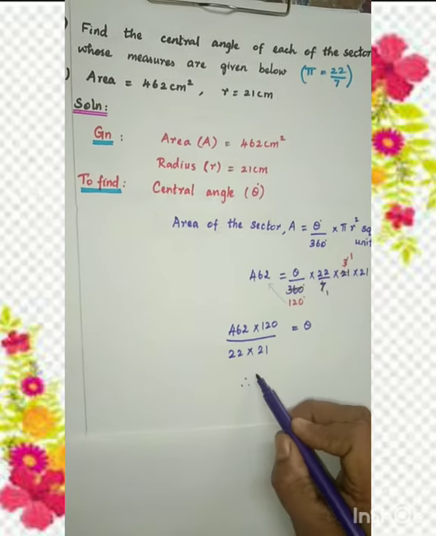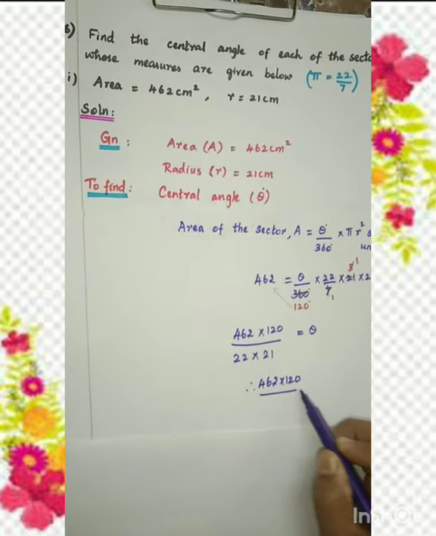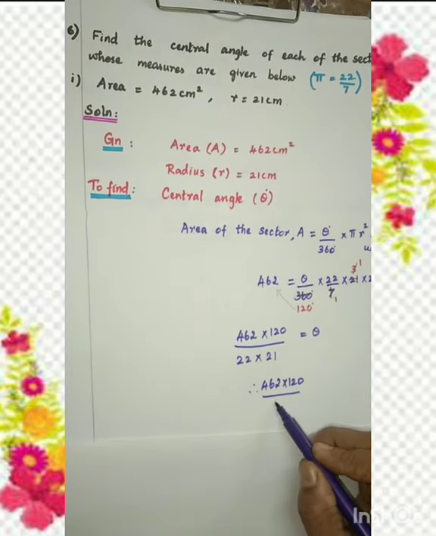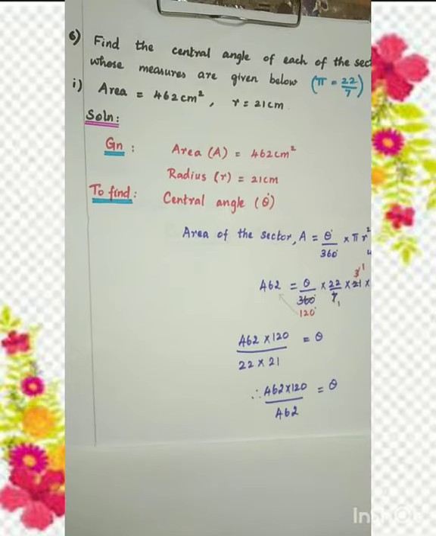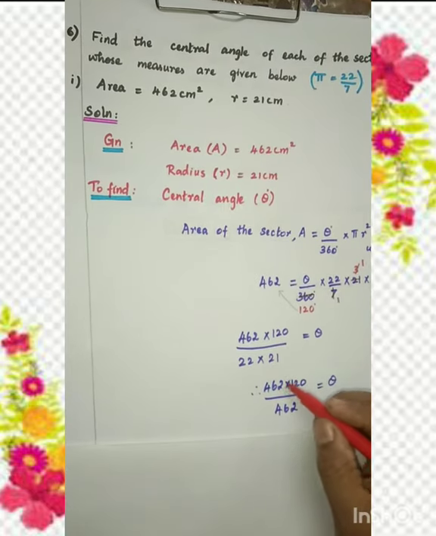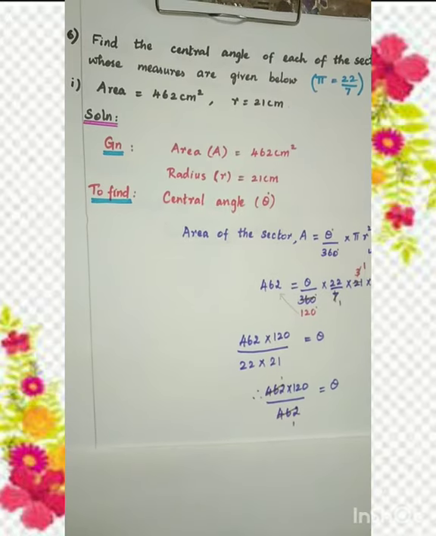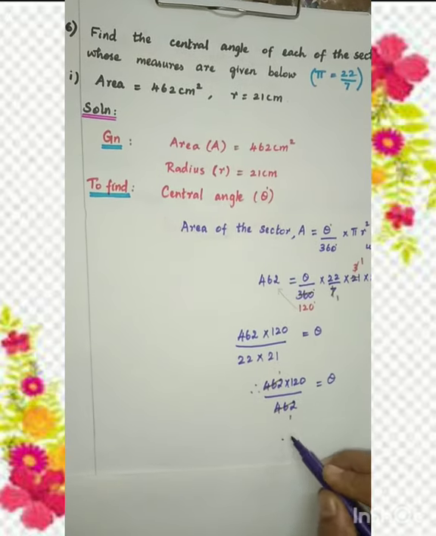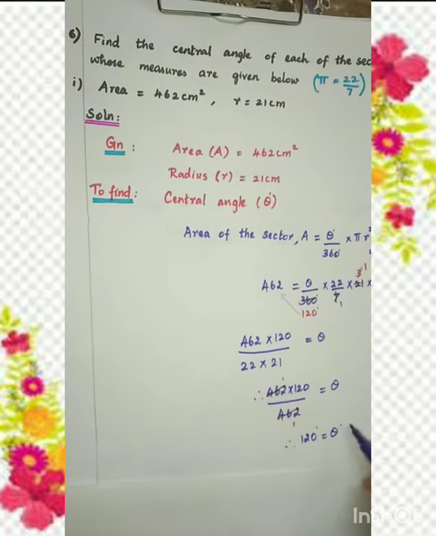Now we can cancel 462 in the numerator and the denominator. Therefore 120 degree equal to theta degree.